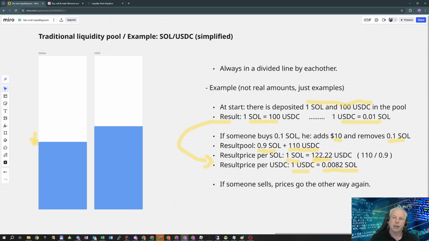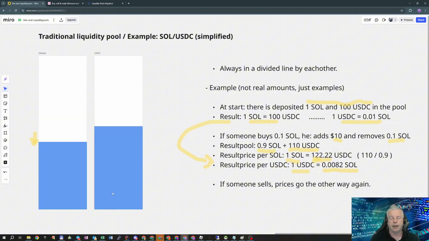But people are earning money by providing the Solana and the USDC together, and by other people trading this, buying, selling, they will every time earn a little bit, like 0.1% on the traded amount. The trading was here $10, so if the fee is 0.1%, he will get like 10 cents.